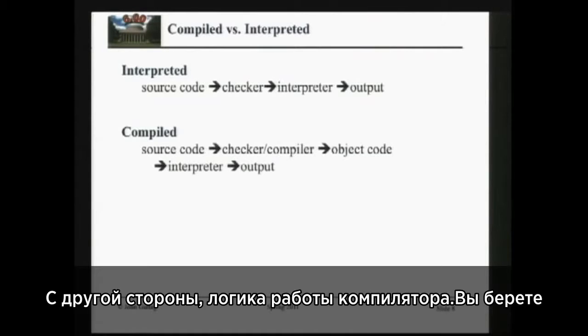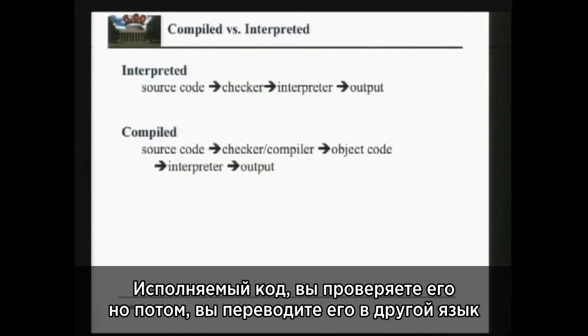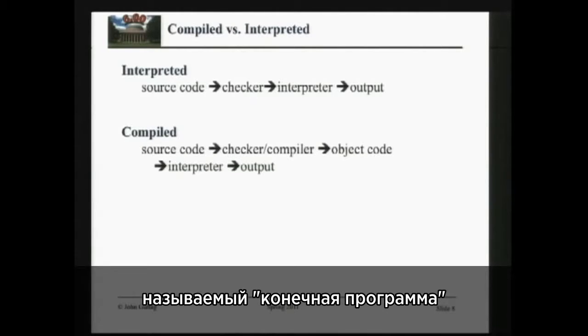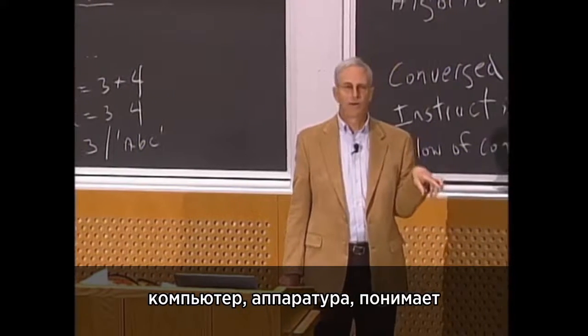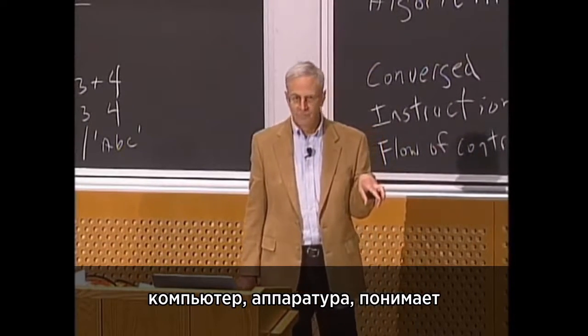On the other hand, the way a compiler works is you take the source code, you check it, but then you translate it into another language called the object code. This is a language closer to the language that the hardware knows how to interpret.